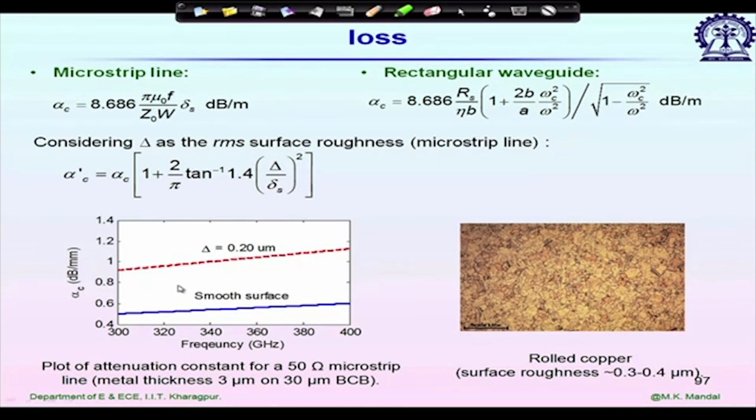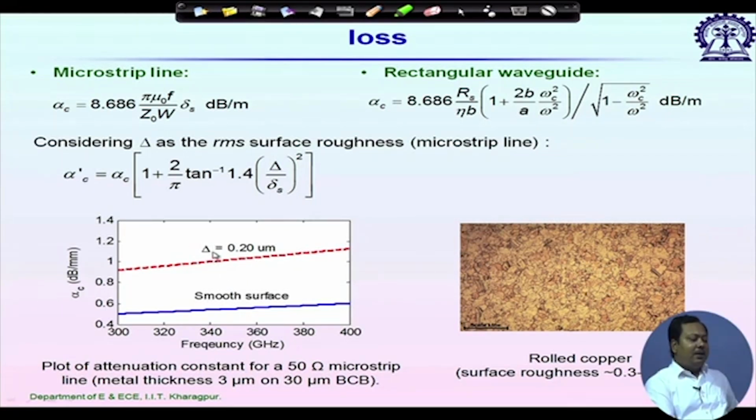Let us consider one example. Here we are plotting alpha c in dB per millimeter versus frequency. We are considering the terahertz band just above 300 gigahertz, where the skin depth is much smaller compared to the surface roughness. So, let us say the surface roughness, capital delta, is defined as 0.20 micrometer.